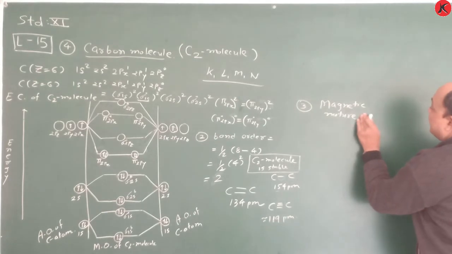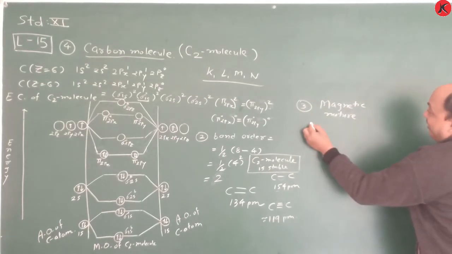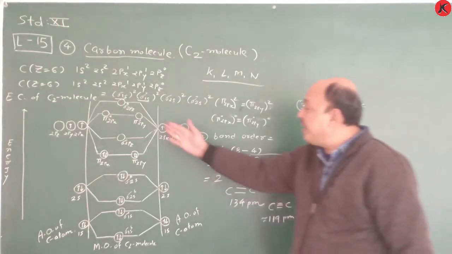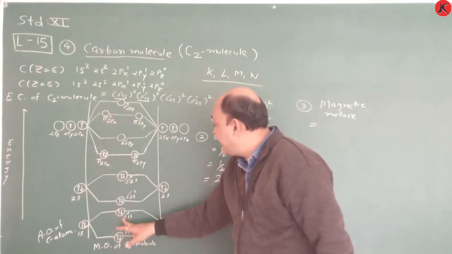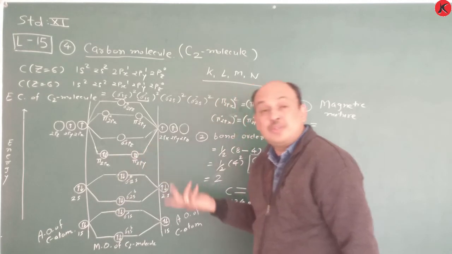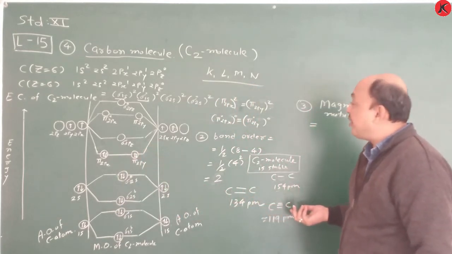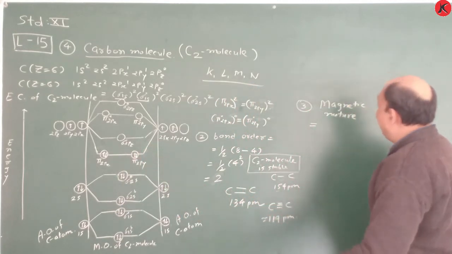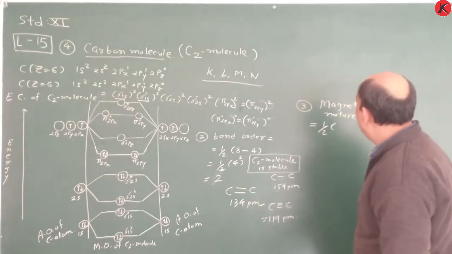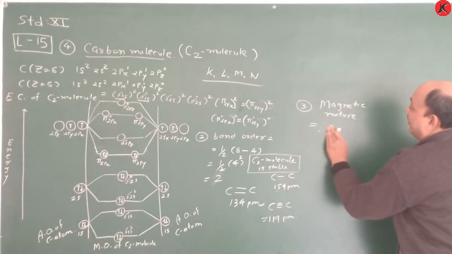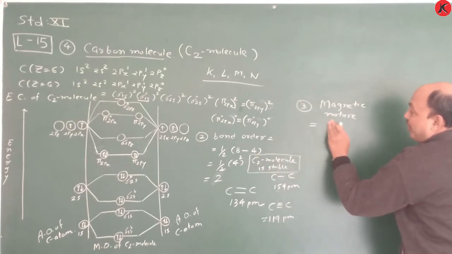So magnetic nature: is there any unpaired electron, a single electron present? You see, here 2 electrons, here 2, here 2, and here 2. So there is no chance of a single or unpaired electron, and that's why 1 upon 2 (Nb minus Na), you already know this, is the bond order.